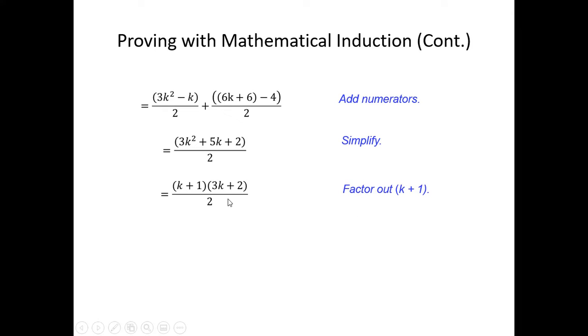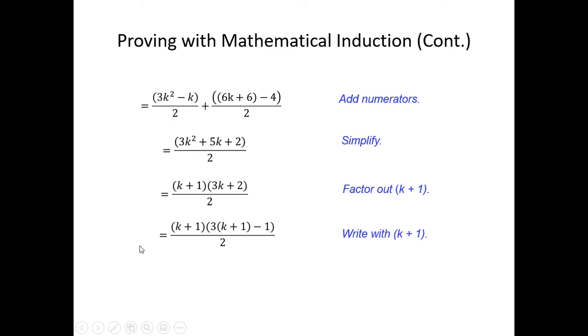And now I'm going to play a little trick here. I'm going to take this 3k plus 2 and make it look like this so I can put it in the form that I want. So I'm going to take k plus 1 times 3 times k plus 1 minus 1 divided by 2.